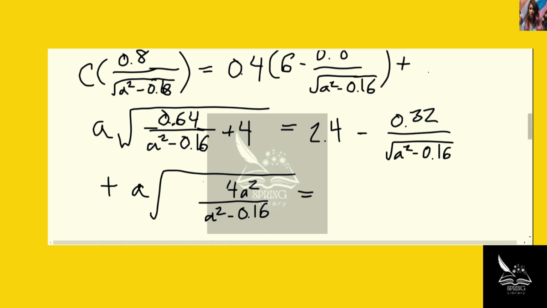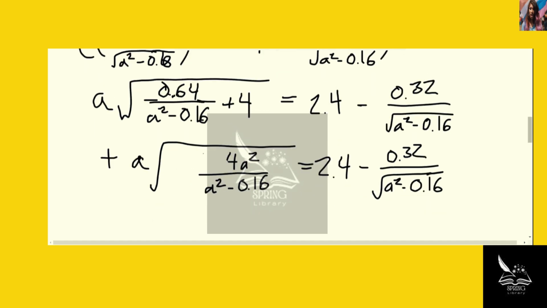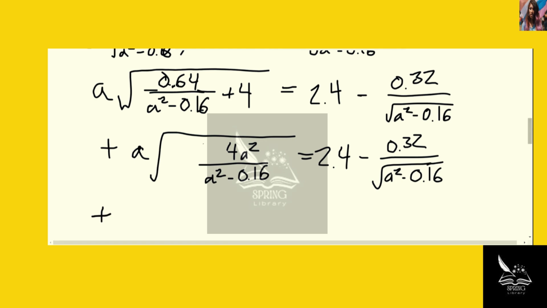This is equal to 2.4 minus 0.32 over the square root of a squared minus 0.16, plus, then we have 2a times a, which is 2a squared over a squared minus 0.16.